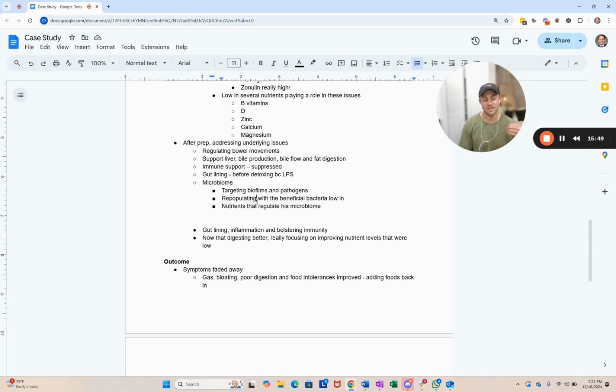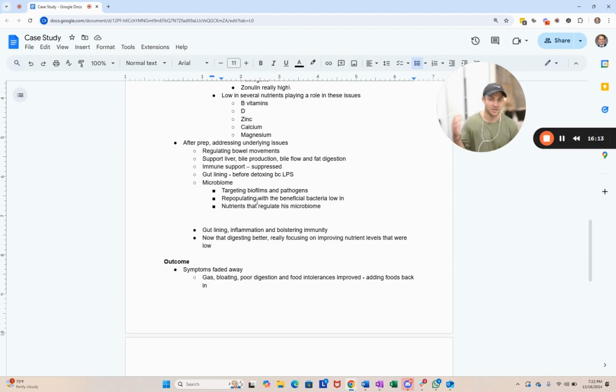I personally, with my own issues and every client I've worked with, have had far more success utilizing fermented foods and prebiotics through the diet to repopulate, to increase the levels of probiotics, to increase the diversity of your microbiome. There are situations if somebody has histamine issues, for example, where you could use a probiotic supplement. I think it could be very helpful.